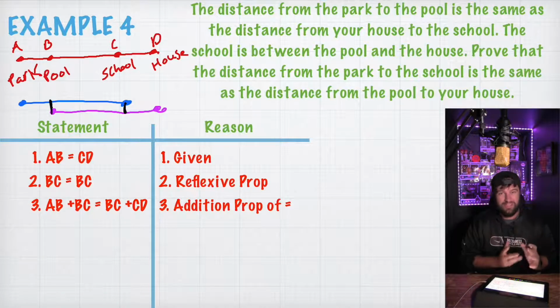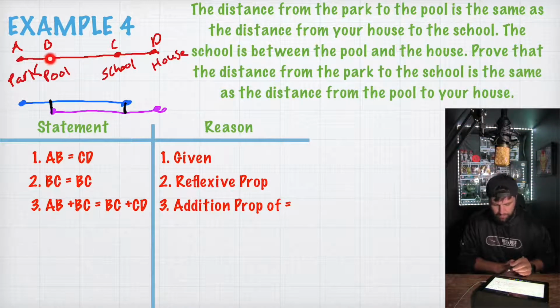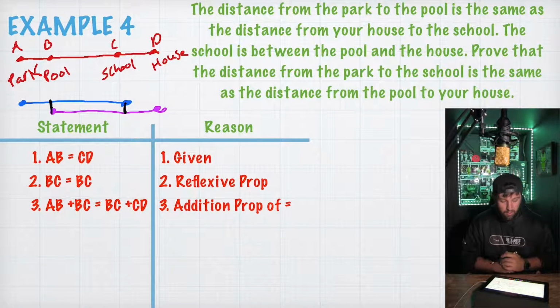Now is where we're going to use the segment addition postulate. We need to say what AB plus BC equals and what BC plus CD equals. Because if you look, AB plus BC is the park to the school, and then BC plus CD is the pool to the house, which is what we are trying to prove.